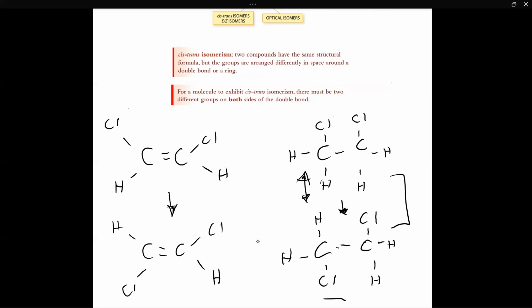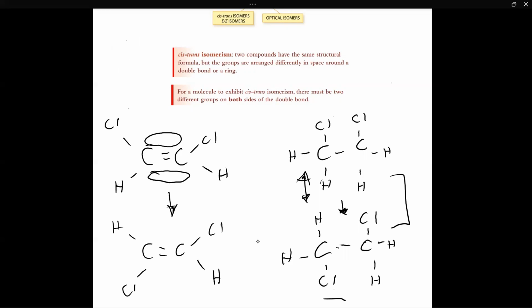The reason we can't do that is because of the existence of this pi bond. Remember, double bonds are made up of a sigma bond and a pi bond. In single bonds, you only have a sigma bond, and sigma bonds are rotatable. You can freely rotate sigma bonds. However, in pi bonds, if you've done your topic 4 studies well, you would know that the electrons exist above and below the plane of the carbon atoms.